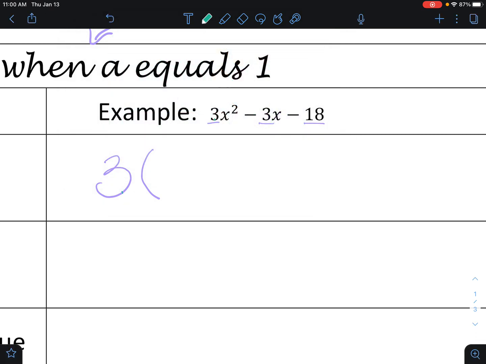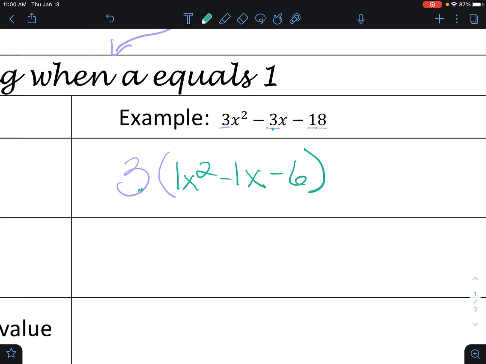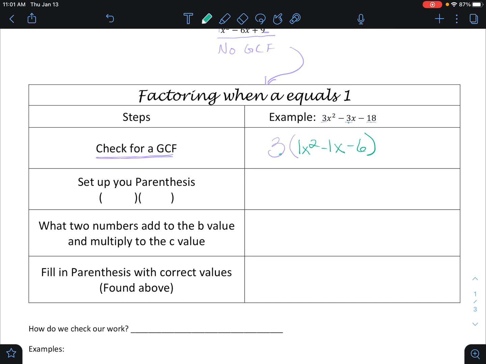So 3 divided by 3 gives me 1, x squared. Negative 3 divided by 3 gives me negative 1, x. Oh, not negative 3, wow, I can't even divide. And negative 18 divided by 3 gives me negative 6. So we've taken out the greatest common factor.